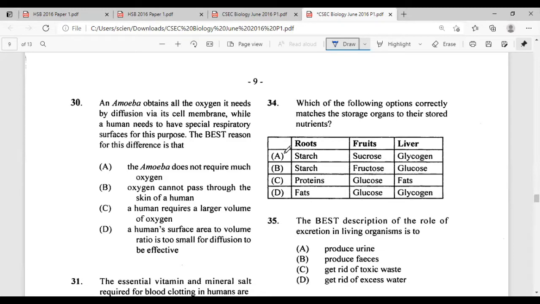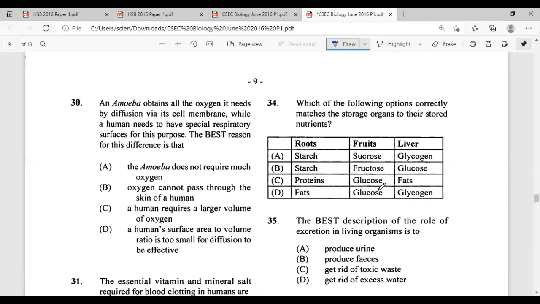Sorry. So if you don't know, you can actually use elimination to know what the answer is. All right. So glucose and fats are not stored in the liver. So we would immediately eliminate B and C. So now we're stuck with A and D. So glycogen is stored in the liver. So the next thing, you can either look at the fruit to see which one.